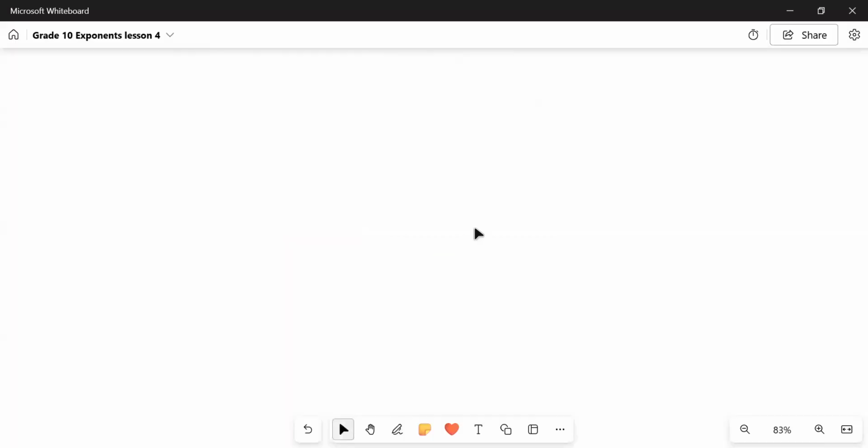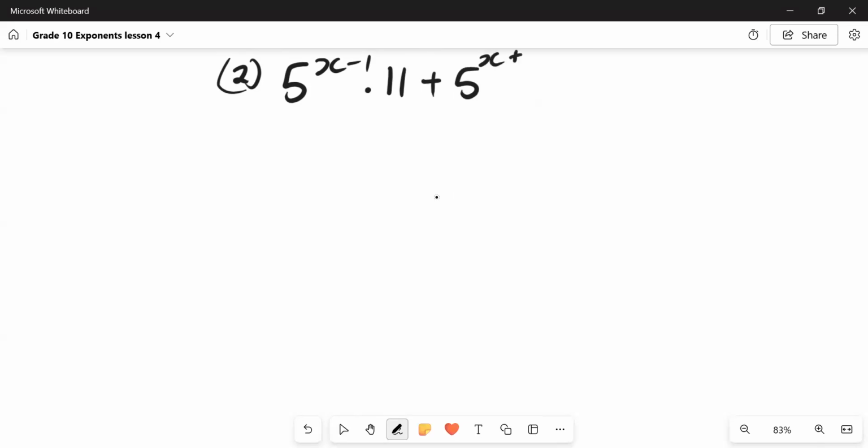And then we move to another example, which is example number 2. We're still simplifying. Now we're given 5 to the power x minus 1 times 11 plus 5 to the power x plus 1, all divided by 5 to the power x minus 1.